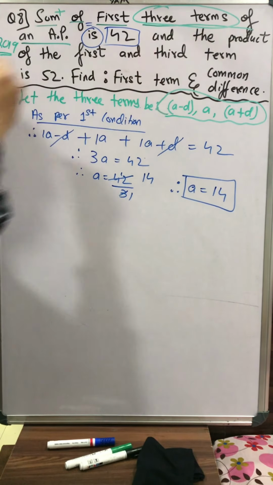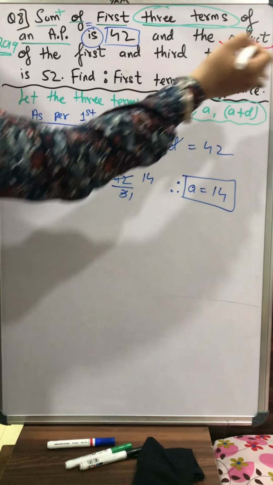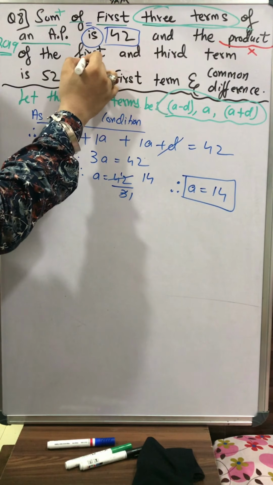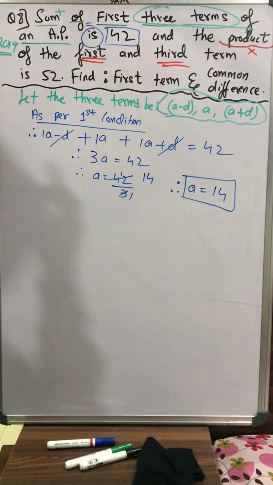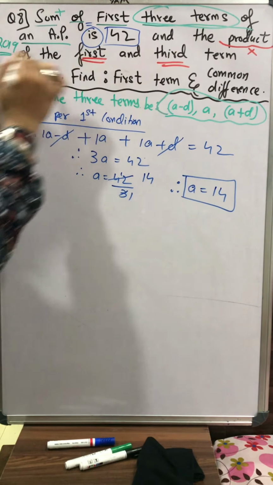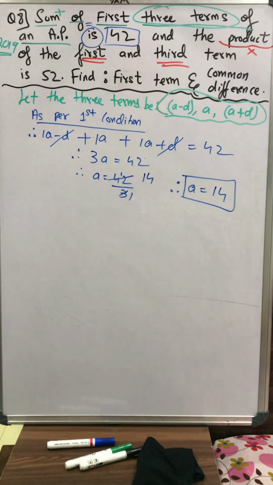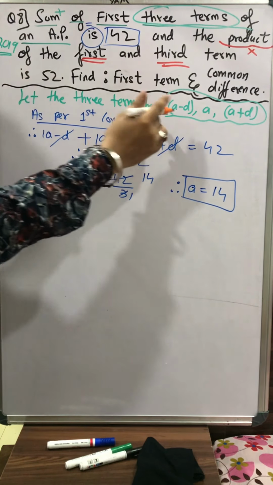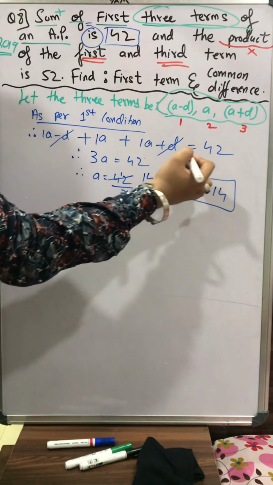And the product, oh amazing, the word product means multiplication. Product of the first and the third term. Pay attention, product means multiplication. Of what? Only of the first and the third term is 52. Our first term is this, our second term is this, our third term is this.